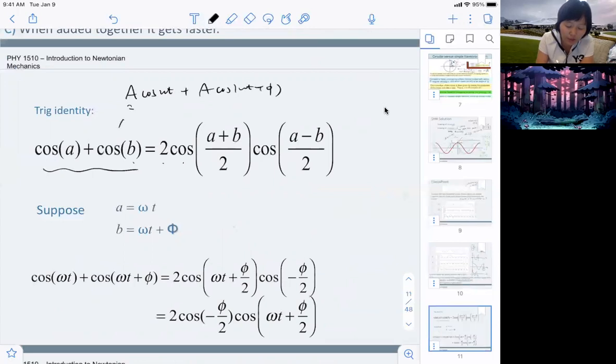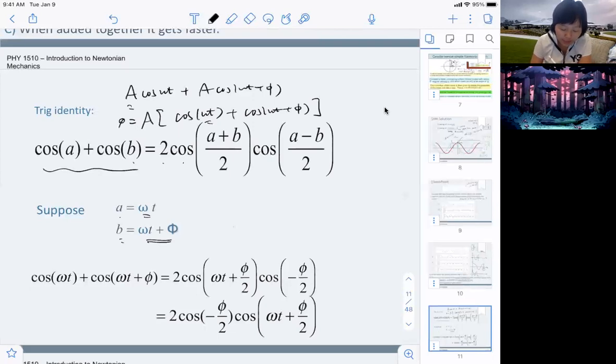They have the same amplitude. So it's a cosine a plus cosine b. So if you let omega t be a, omega t plus phi be b, you can use this trig identity and find out the final result will look like this. So what is this? This is a cosine wave.